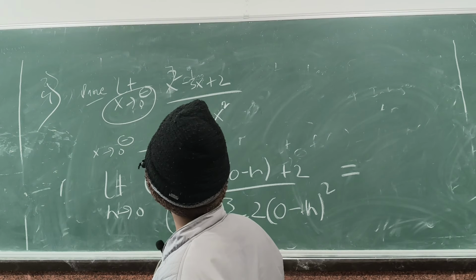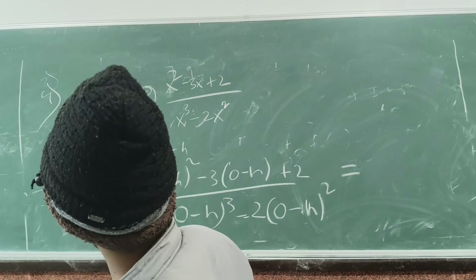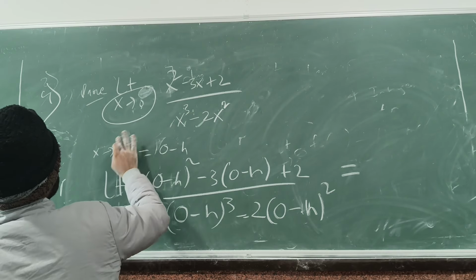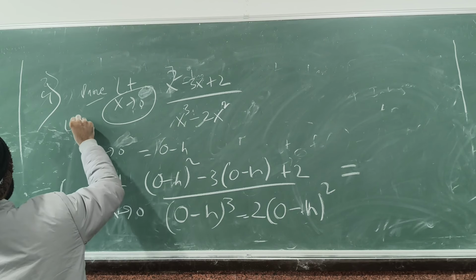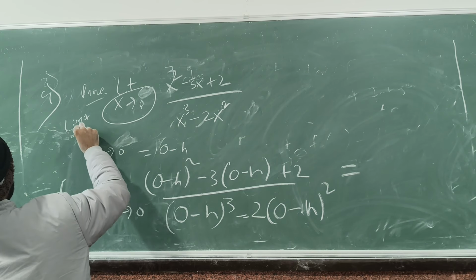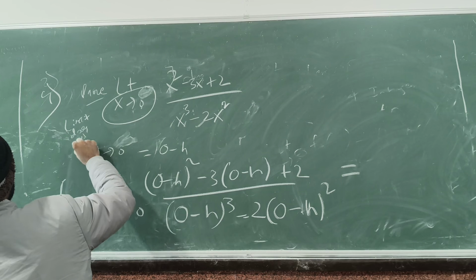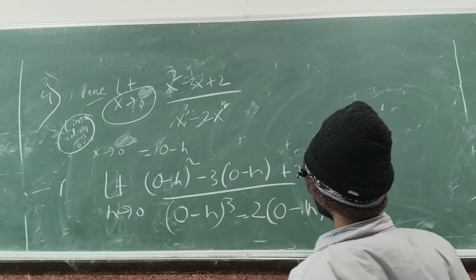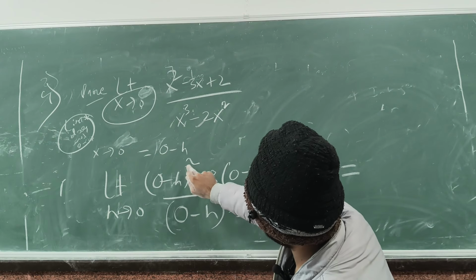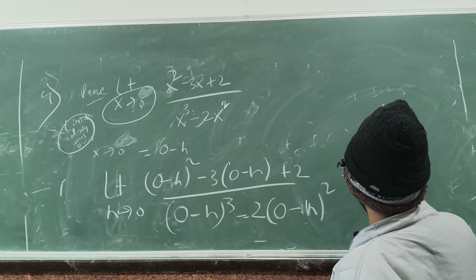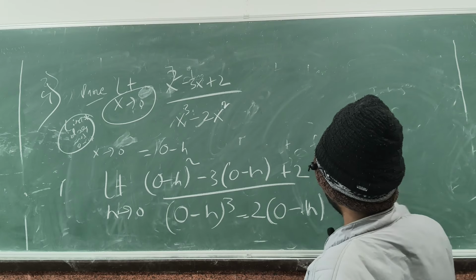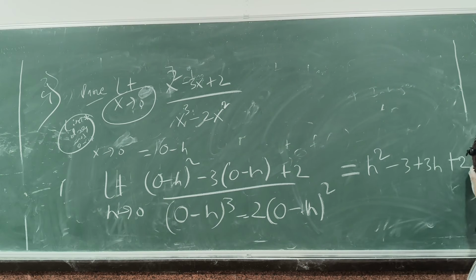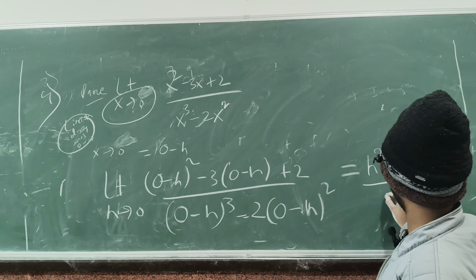So prove, what is the question? Prove limit does not exist. Both limits. So minus h square is positive, h square, and minus 3 into minus h gives plus 3h, plus 2, by minus h cube.